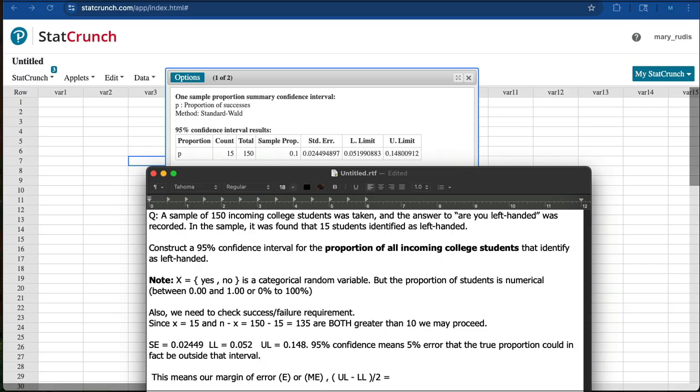So the 5% is a probability that the true proportion could actually be outside of that interval, and that's an acceptable margin of error in most cases.